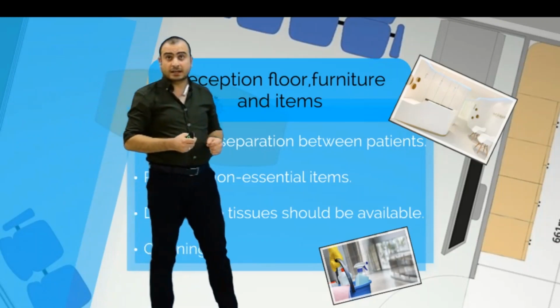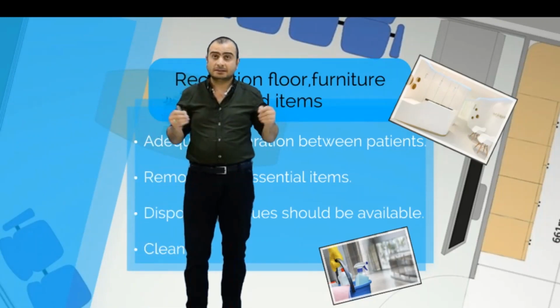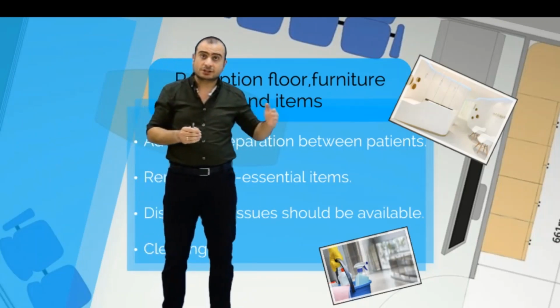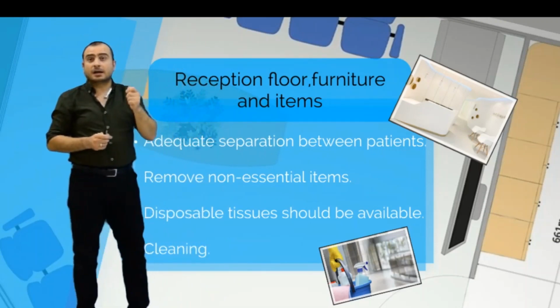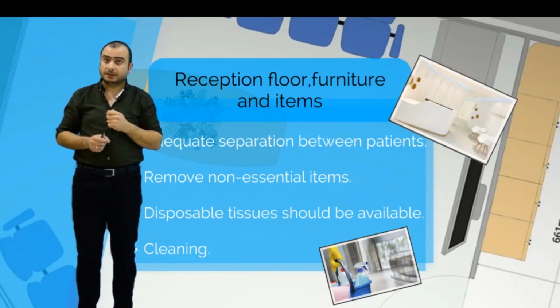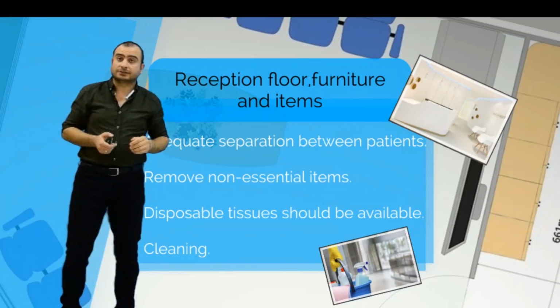Adequate separation can be achieved either by a limited spaced seating area with at least 2 meters between each seat, or by giving timed appointments. For example, we give hourly based treatment, so the reception will be empty at every time.